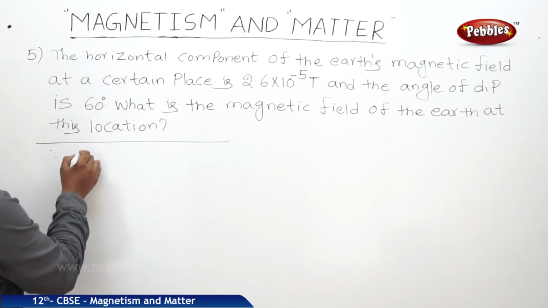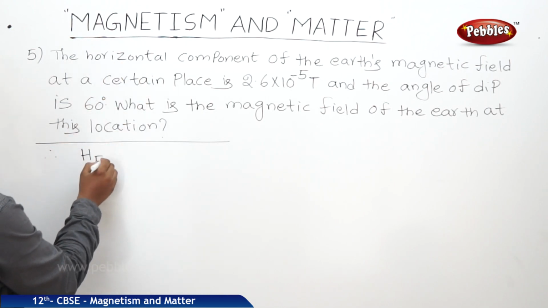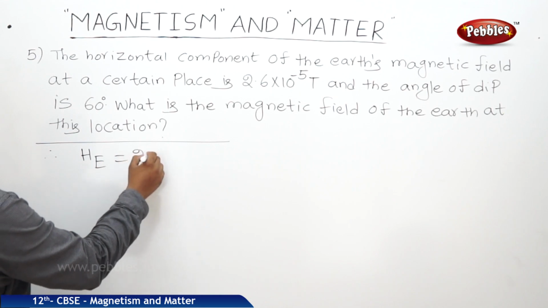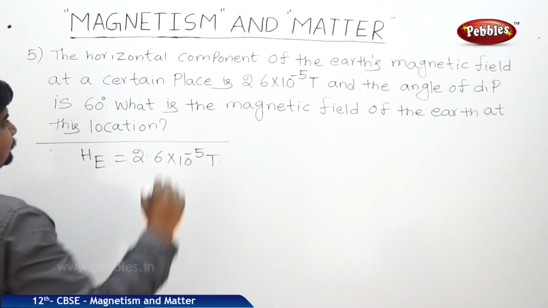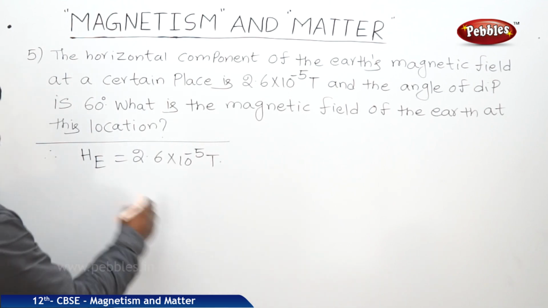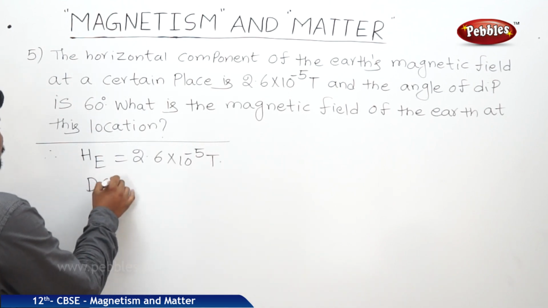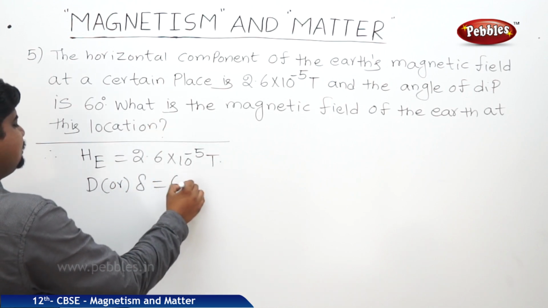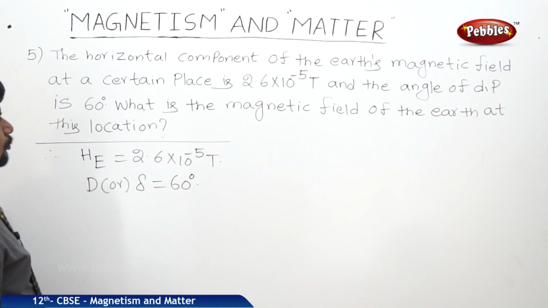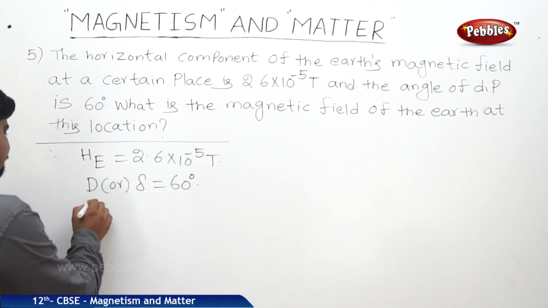So horizontal component of the earth's magnetic field means HE. This is 2.6 into 10 to the power of minus 5 Tesla. Angle of dip, delta, is equal to 60 degrees. What is the magnetic field of the earth at this location?